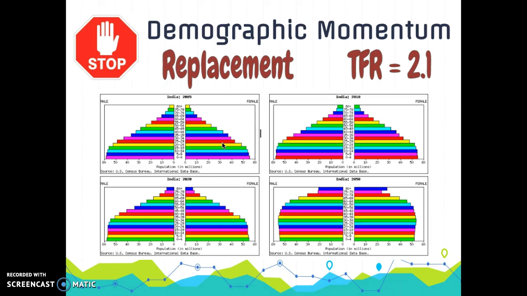And that would indicate that their population would stop increasing rapidly. However, since they have so many people that are still in their reproductive years, they're still going to go through having children, so that population growth isn't going to stop immediately, right? It has momentum, so it's built up and it's going to keep moving forward.